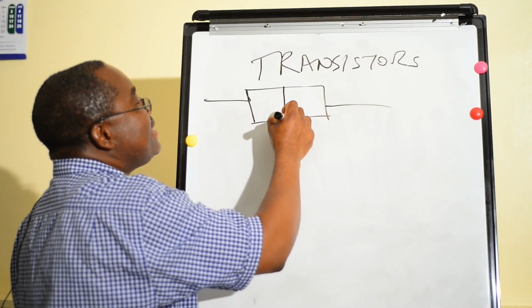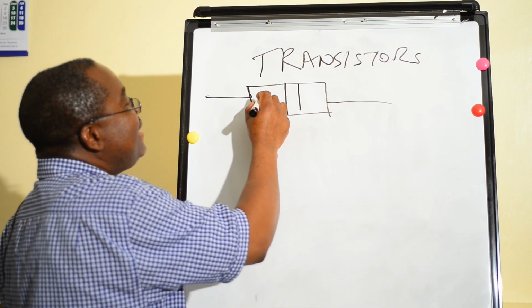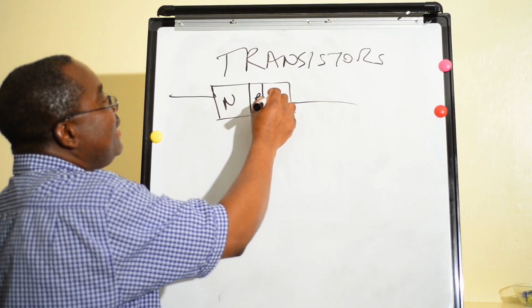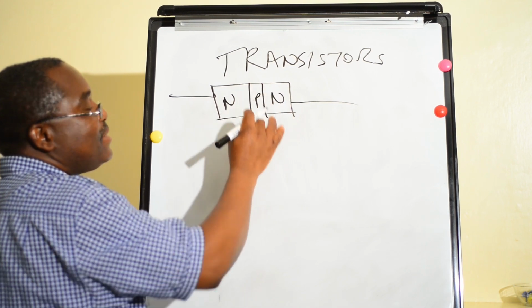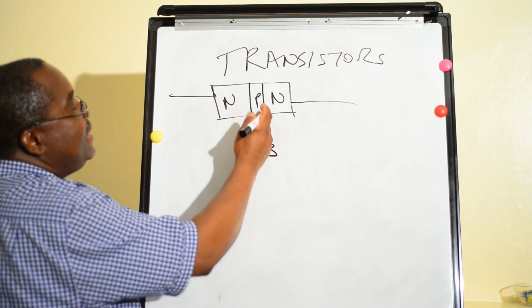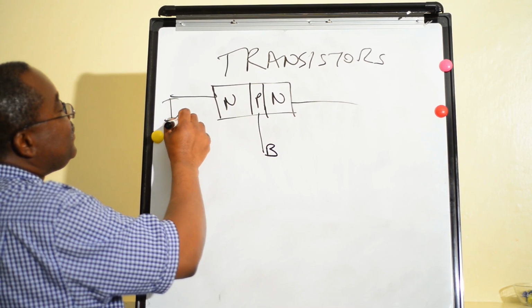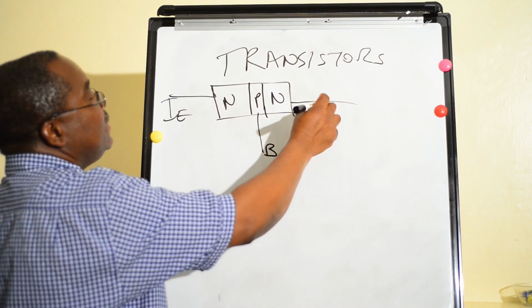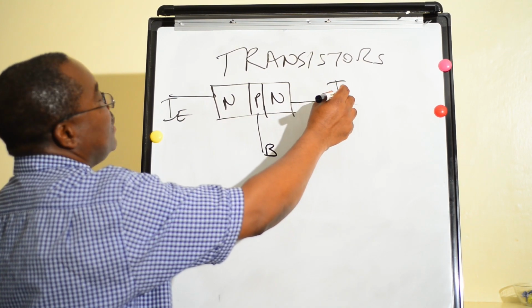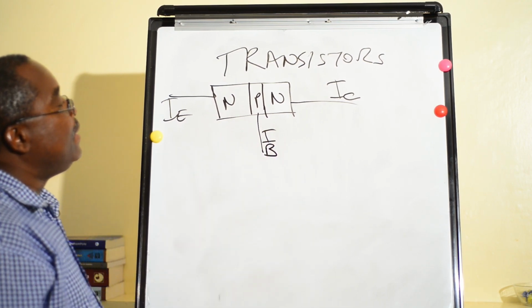The base has a small width. Here we have the emitter current, here the collector current, and here the base current.